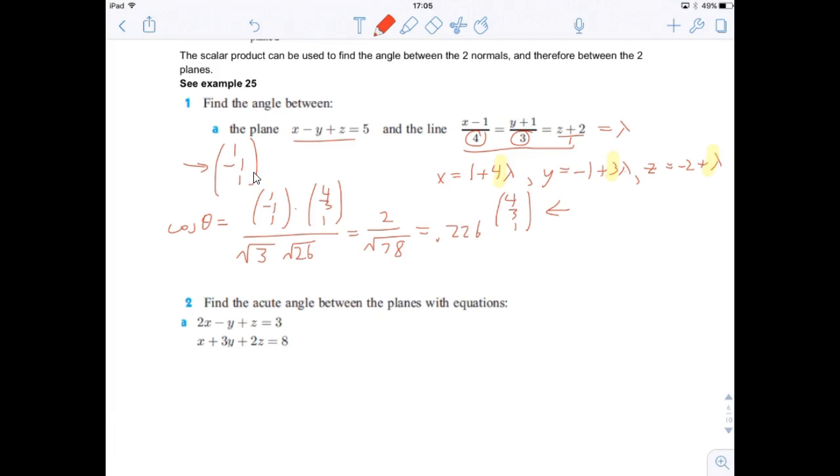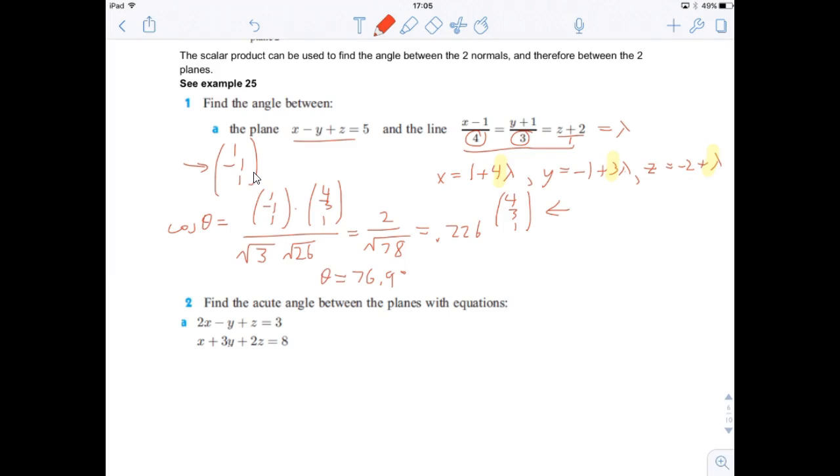And the angle here would be inverse cosine of 0.226, which is 76.9 degrees.